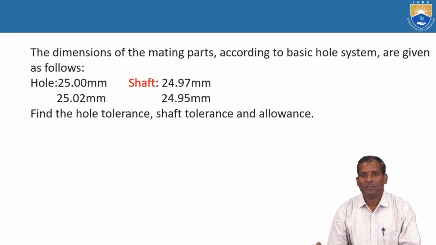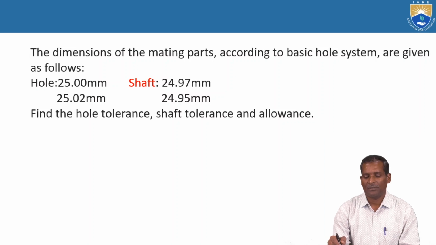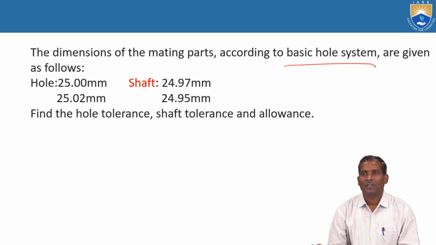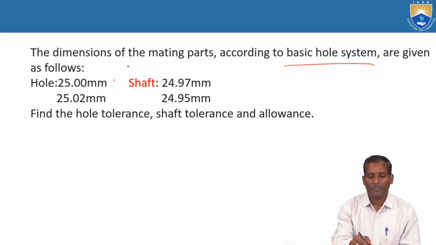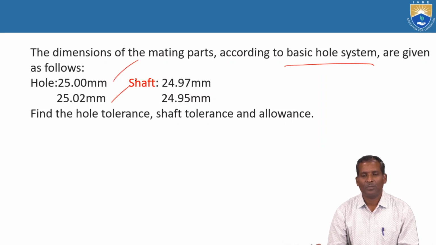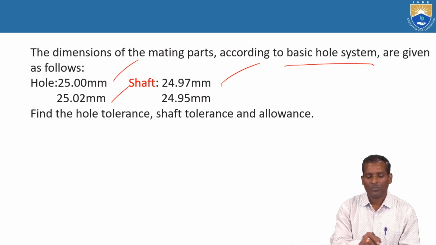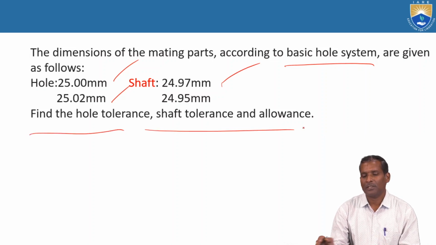Here you will see one simple problem. The dimensions of the mating parts are given like this. The basic hole system is given as 25.00 mm and 25.02 mm, and the shaft is 24.97 and 24.95. Find the hole tolerance, shaft tolerance, and allowance.